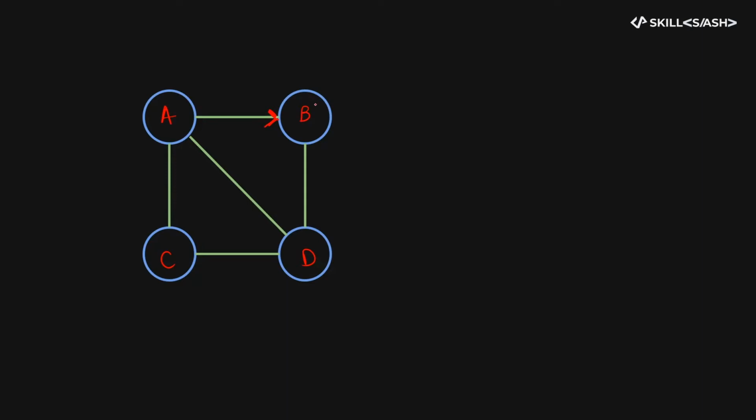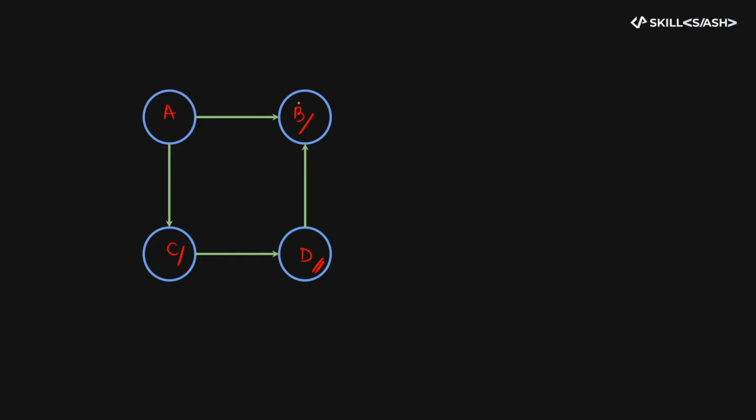If it has such a relationship, then it is called a directed graph. After A, you can choose either B or C. Once C completes, you can take D, and then after D, you need to complete B, something like that. When a direction is given, it's called a directed graph.